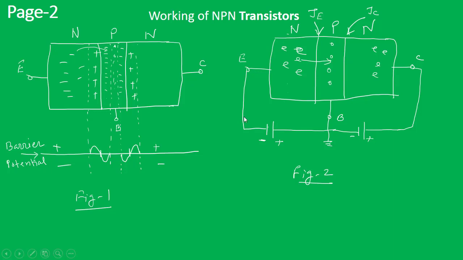Consider this emitter as the bowler. Now this is a test match, and in a test match the base is the batsman. Like in a test match, majority of the balls are left alone. So here the majority of the balls will reach over here. The collector is collecting the balls, so the collector is our wicket keeper.